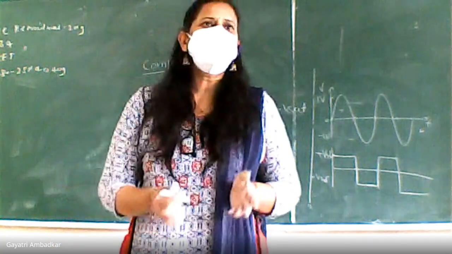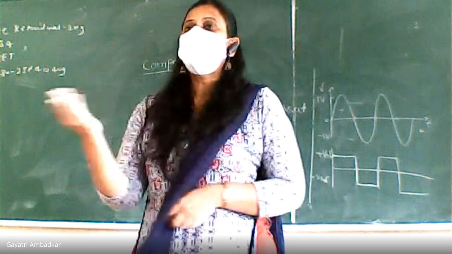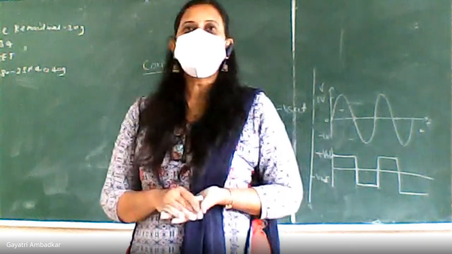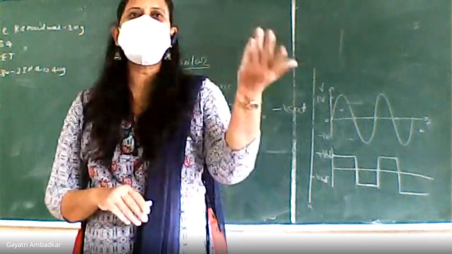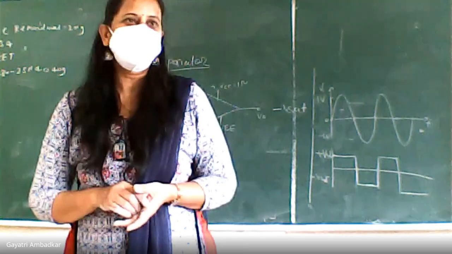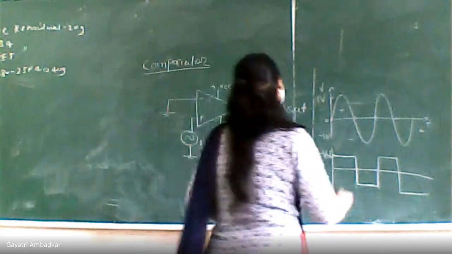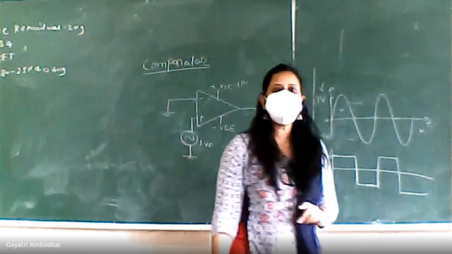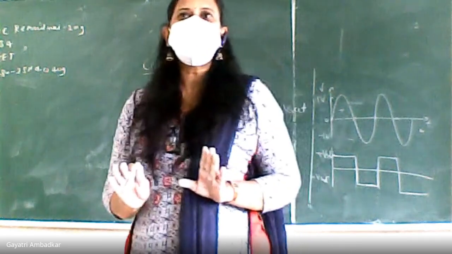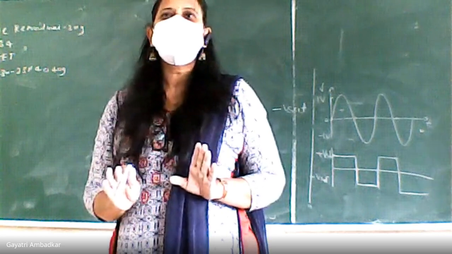Suppose somebody tells you to convert a sine wave to a square wave. Simple application: op-amp as a comparator. Give a sine wave at one input and zero at the other. So it is converting sine to square wave, right? Second, it is also called a zero crossing detector. Clear? Any doubt in this discussion? Are you getting it? What's your name, beta?